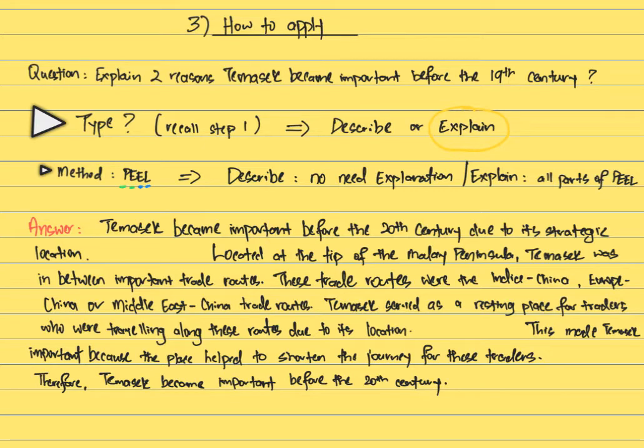So the answer to the first question over here is as follows. So I'll just annotate as we go along. So I've pre-made the answer, and if you take a look, the first sentence is always the point of the answer. Alright, so over here, Temasek became important before the 20th century due to its strategic location.